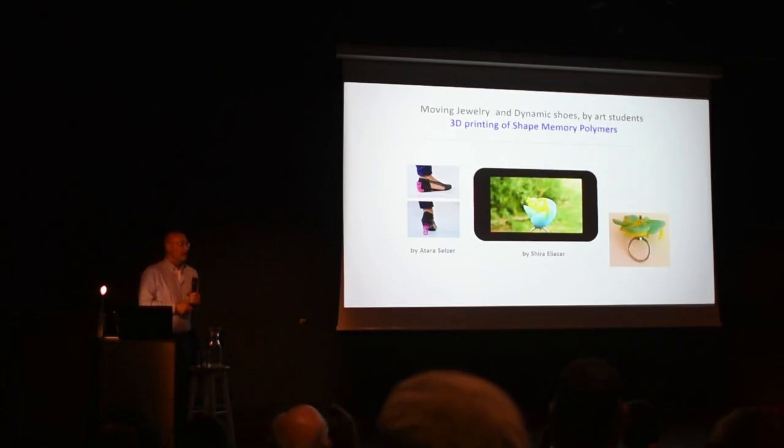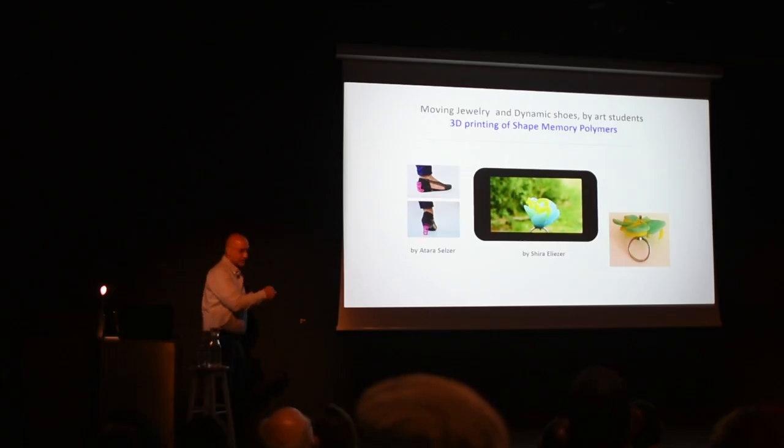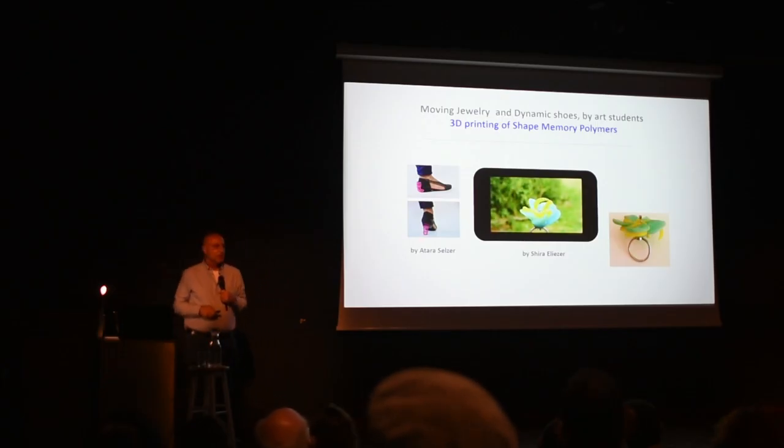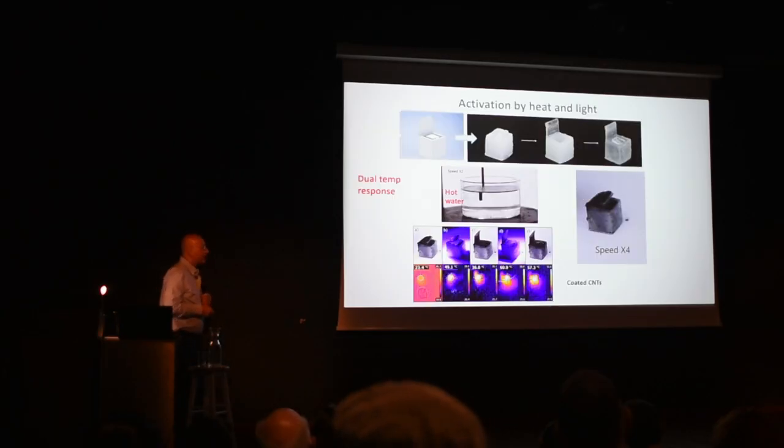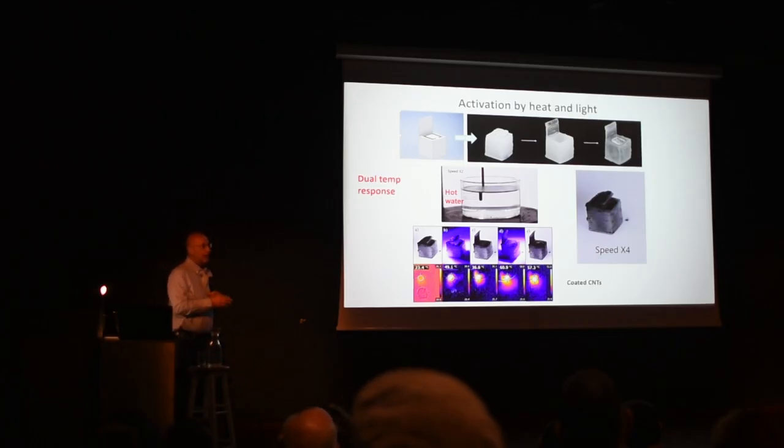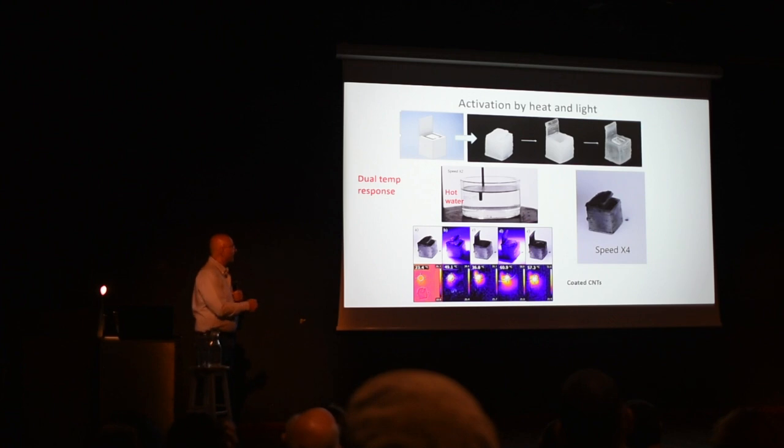So this is done by simple heating, with a hairdryer. But we can also go one more step and make objects that can function as something. For example, imagine this box that you fill with something, and you heat it up, you can open the box.